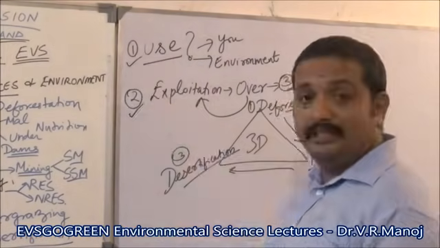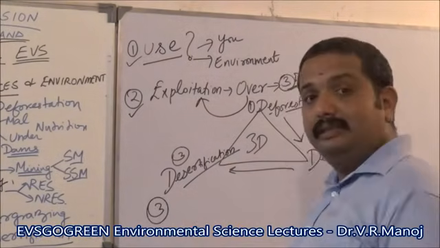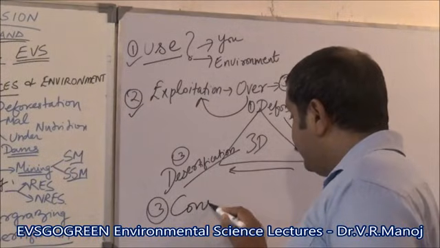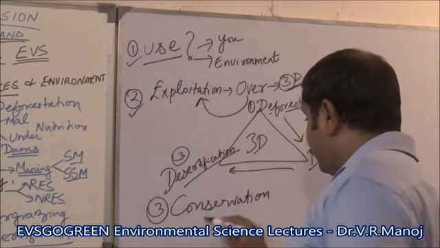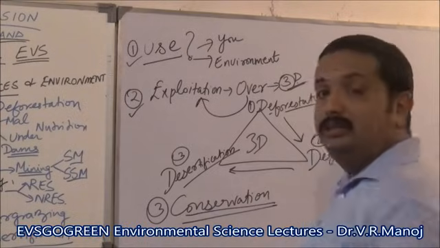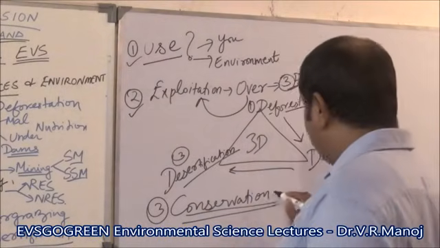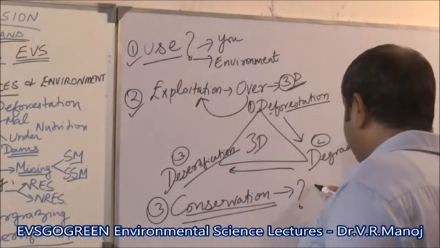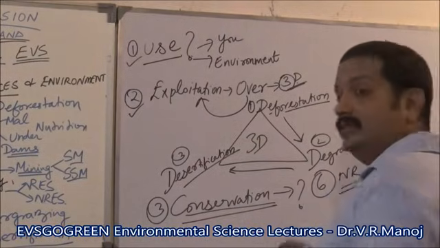Use, exploitation. Number 3 is conservation. What do you do to conserve the natural resource? Okay, how will you conserve each of the 6 natural resources?